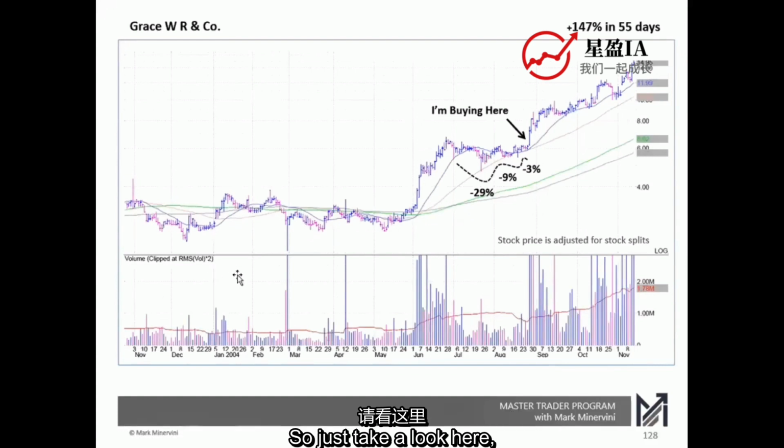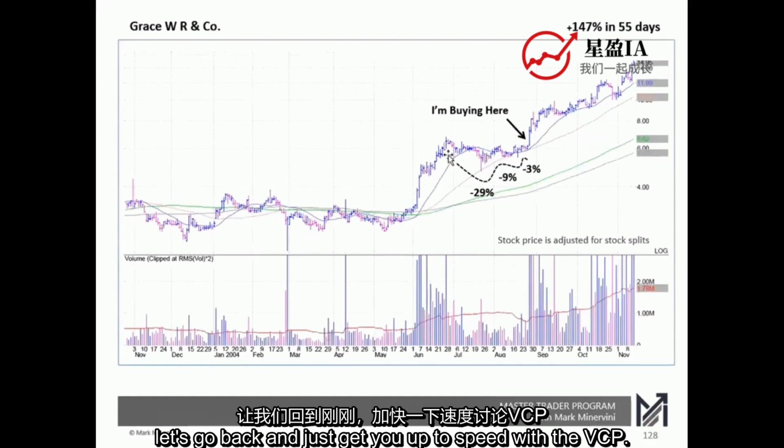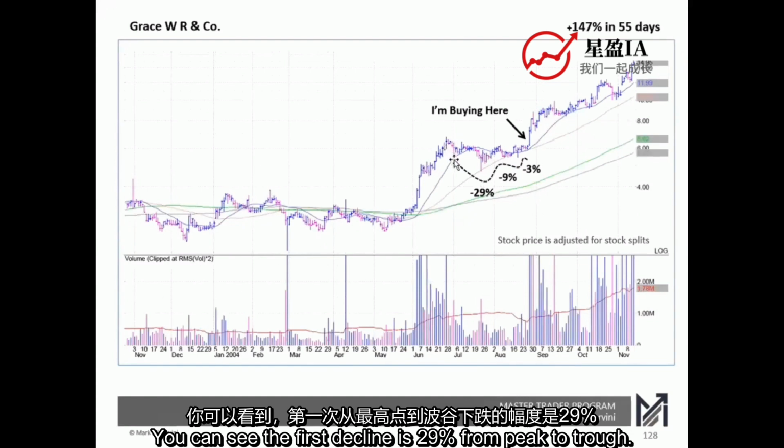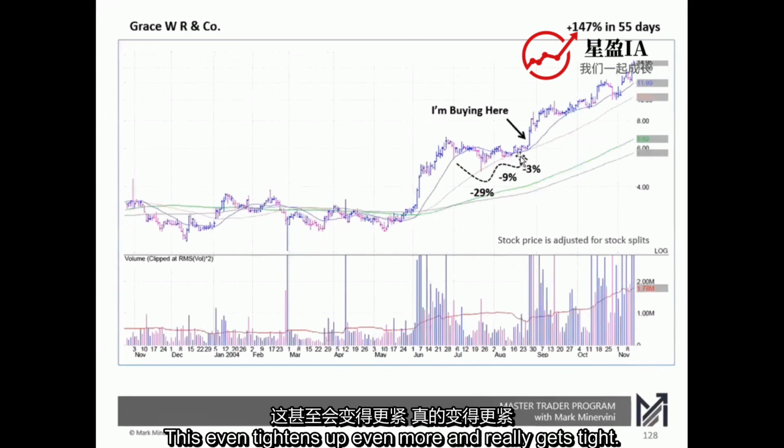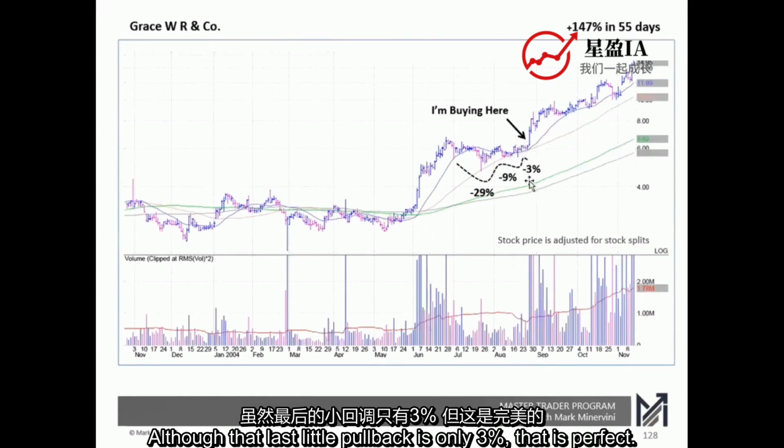So just take a look here. Let's go back and just get you up to speed with the VCP. You can see the first decline is 29% from peak to trough. Then it rallies back and it comes off 9%, which right there, that's pretty tight. But this even tightens up even more and really gets tight. And that last little pullback is only 3%. That is perfect.